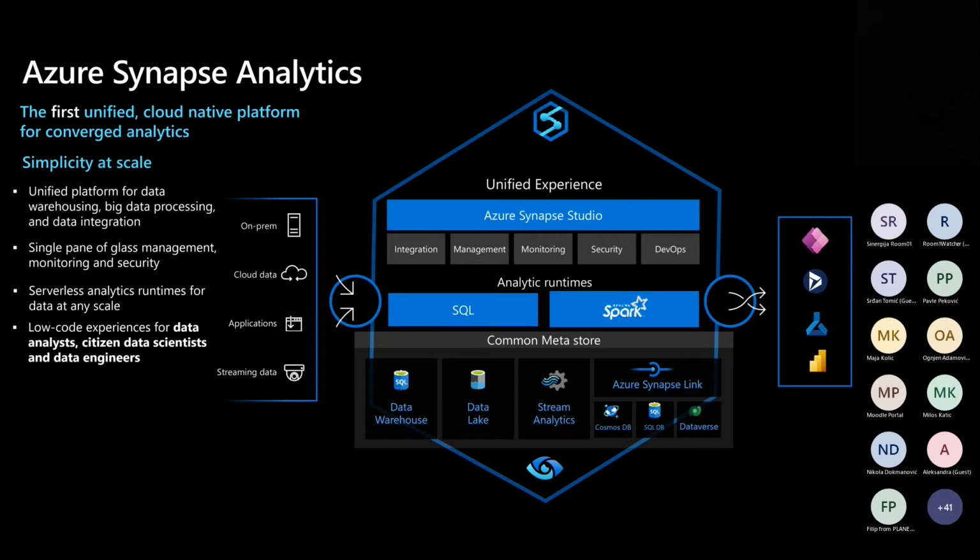All this is provided under one common platform called Azure Synapse Analytics with various analytical runtimes and a common meta store between data warehouse, data lakes, stream analytics, and of course Synapse Link. We'll talk about Synapse Link, where you can work with data from Cosmos DB, Dataverse, and very soon SQL DB as well.